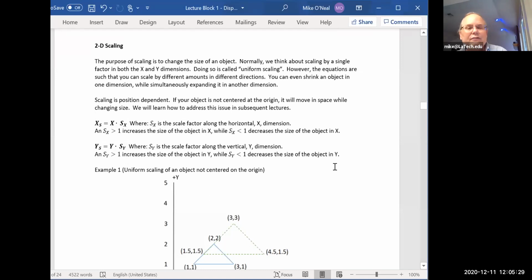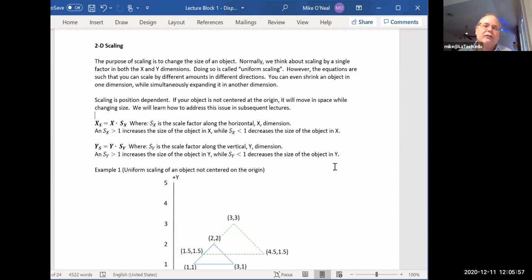Now, here's the difference between scaling, what we're looking at now, and translation. In translation, you had positive translation factors and negative translation factors. Positive went to the right, negative went to the left, or up and down if you're talking about Y. Normally, scale factors are considered to be greater than 0.